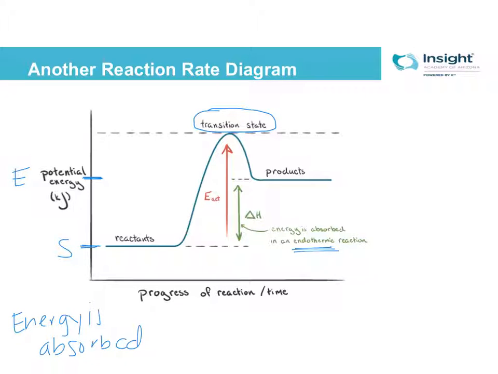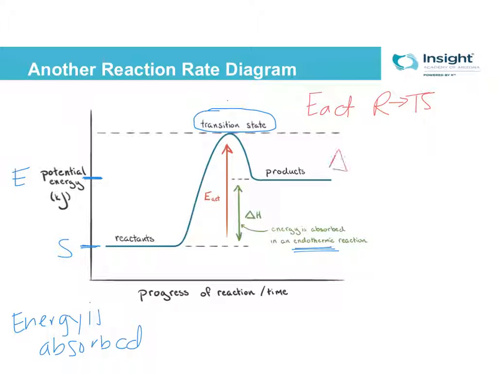This is just some key important things you want to be able to read and label on these reaction rate diagrams. Reactants are always going to be your starting point, the transition state is always going to be your highest point, and products are always going to be your ending point. The activation energy, E-act, is your reactants to the transition state.